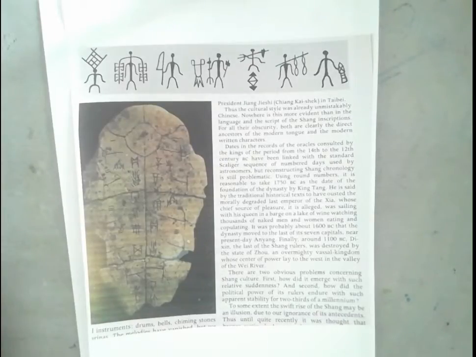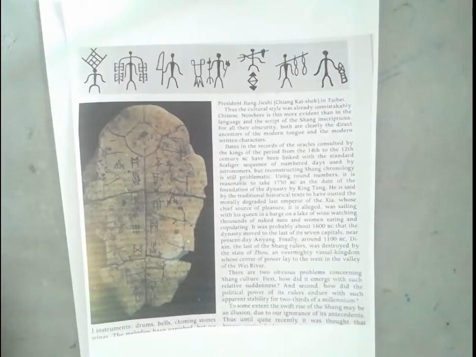Well, when they excavated that area, they discovered 175,000 oracle bones. 50,000 have inscriptions in them, of which 4,000 are characters similar to Chinese writing.